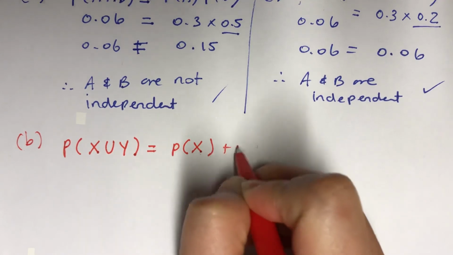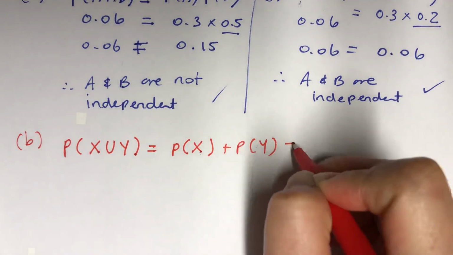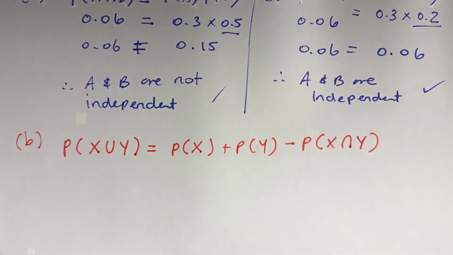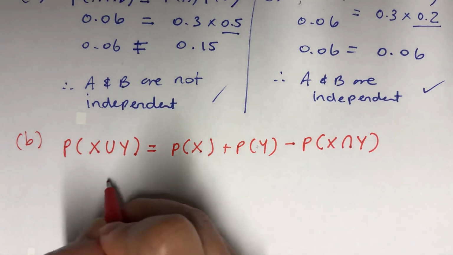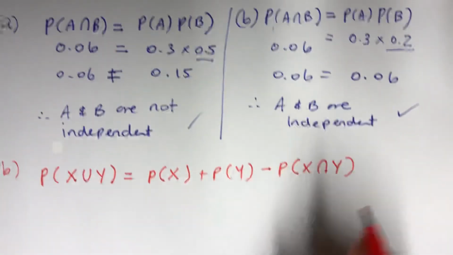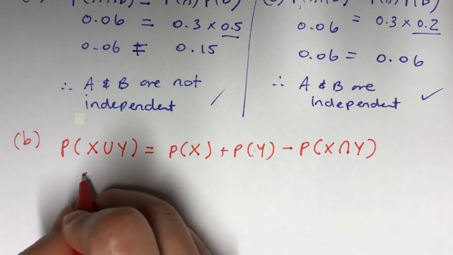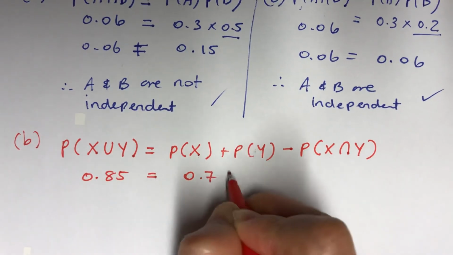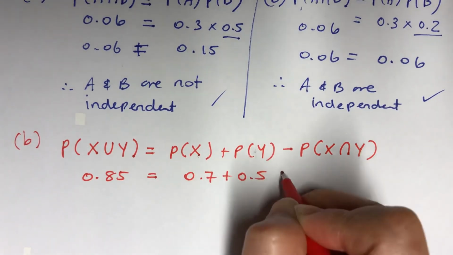P(X) plus P(Y) minus P(X intersect Y). Okay, so it was given to us, all this, so I'm just going to write it. And we don't know this.